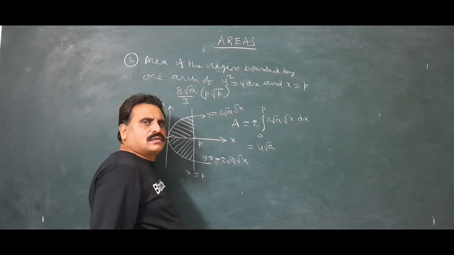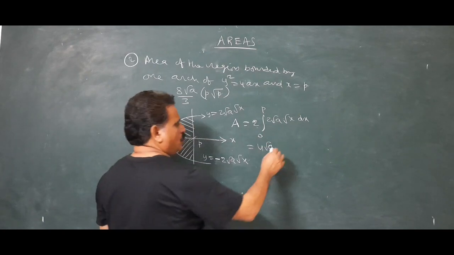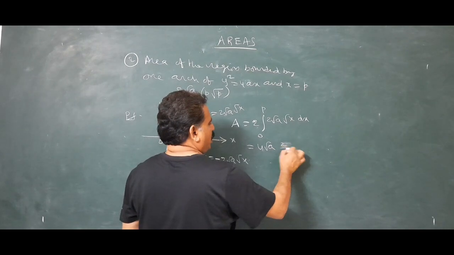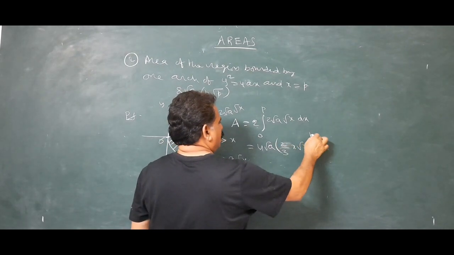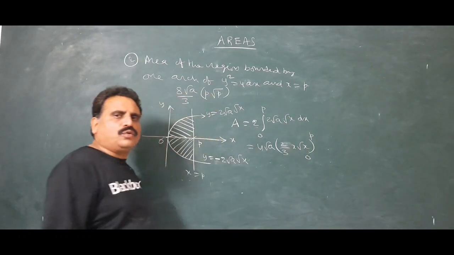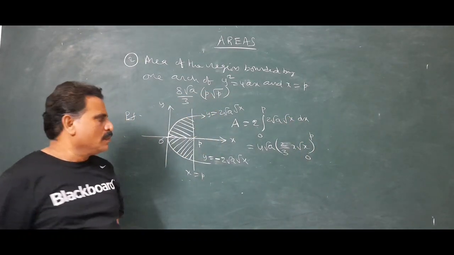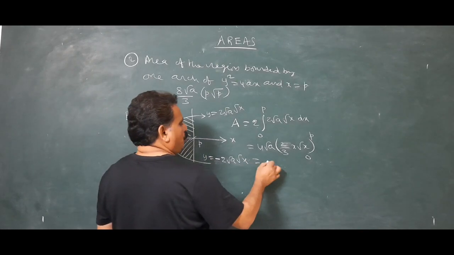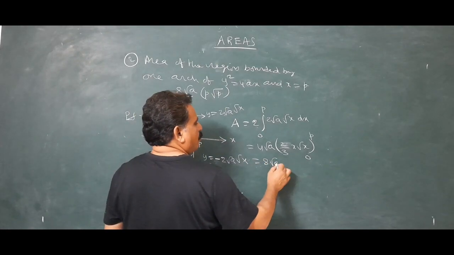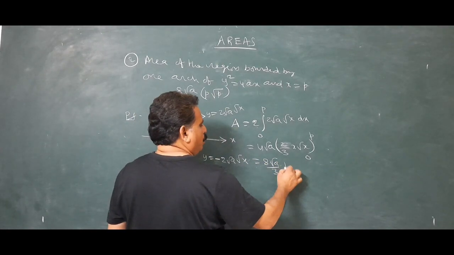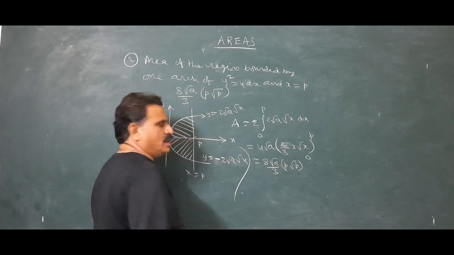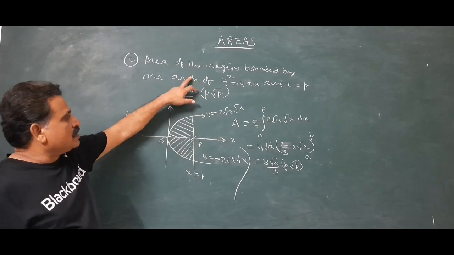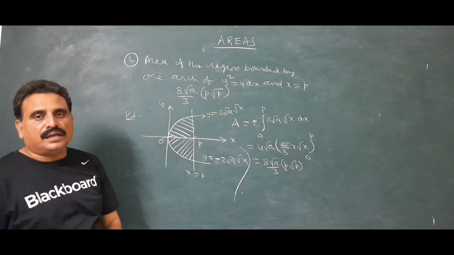Integration of root x is 2 by 3 x root x, from 0 to p. X power 1 by 2 plus 1. That equals 8 root a by 3 into p root p. So that is the area of the region bounded by y square equal to 4ax and the line x equal to p.